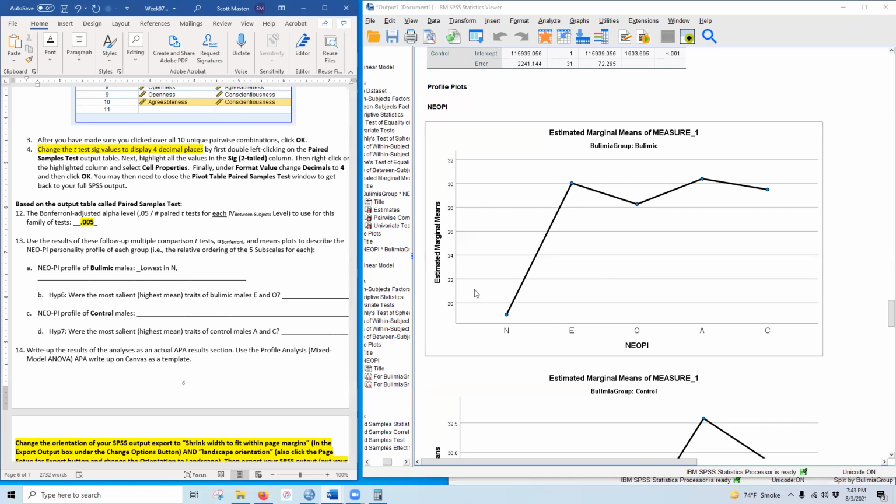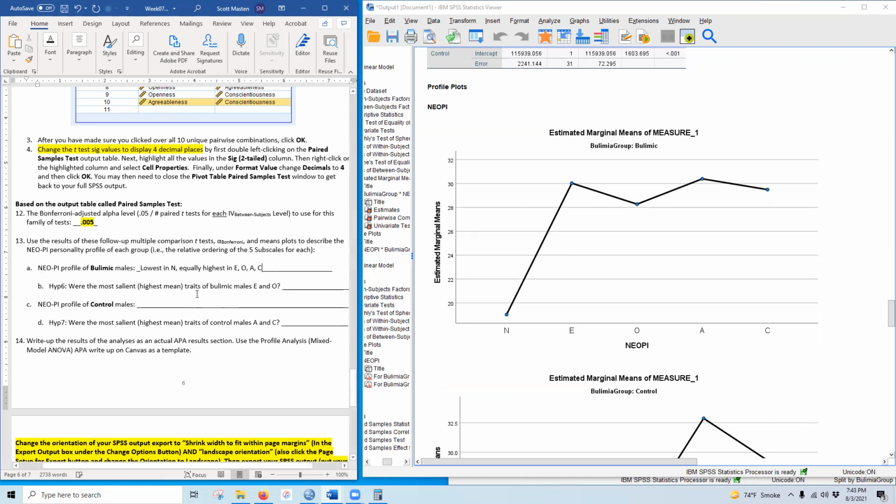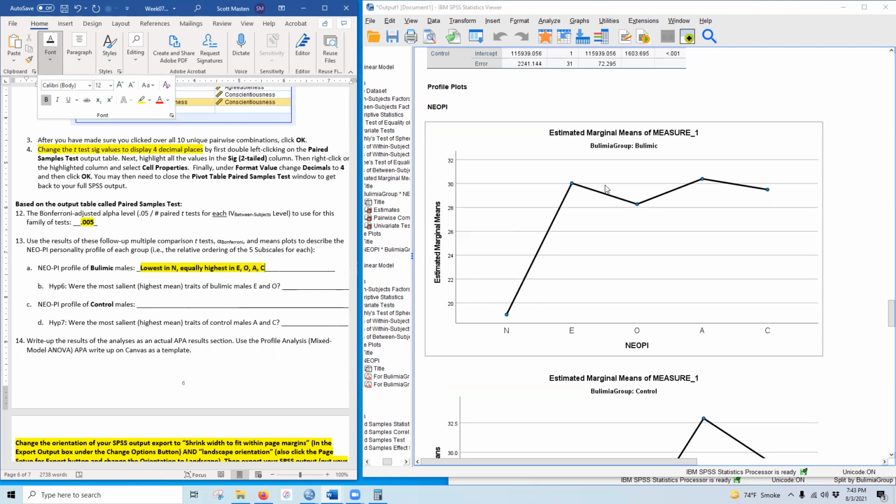They're lowest in N, and then they're equally highest in E, O, A, and C. Not a very interesting personality profile. I think we saw this during the lecture for how teenage kids thought they'd be when they were old. They're lowest in N, but E, O, A, and C, none of these different from each other, and they're all just sort of like blah, highest.